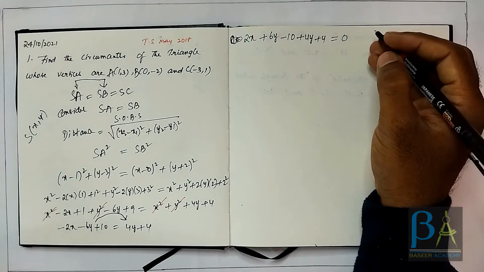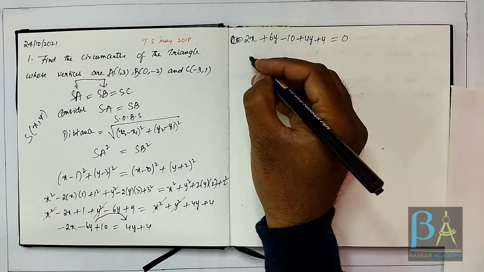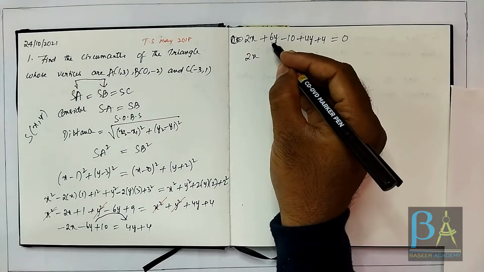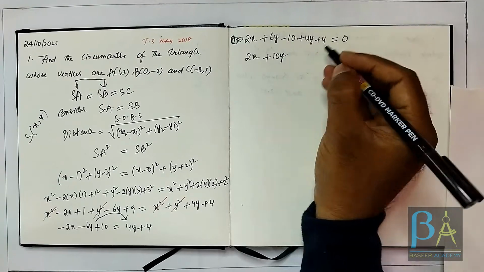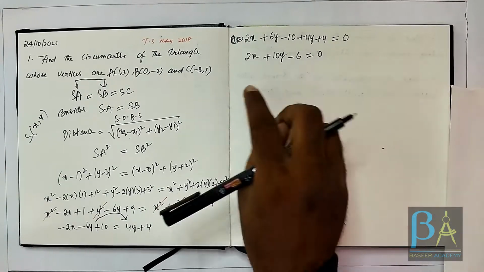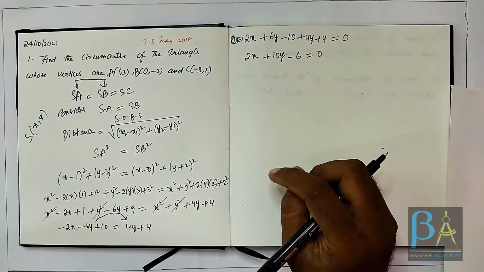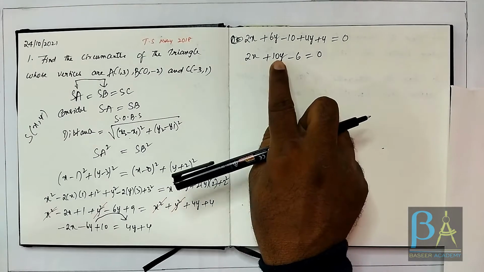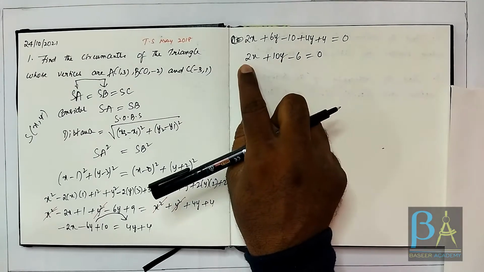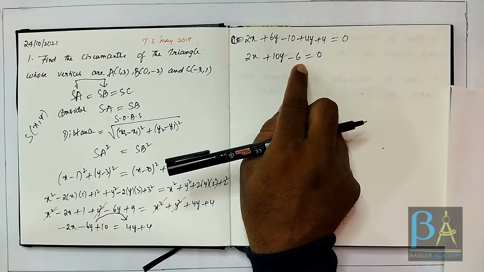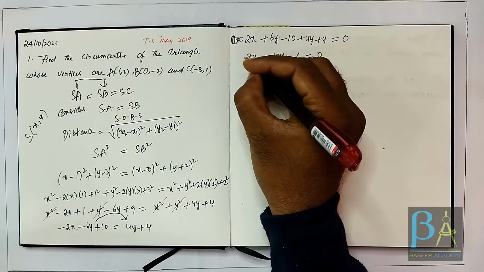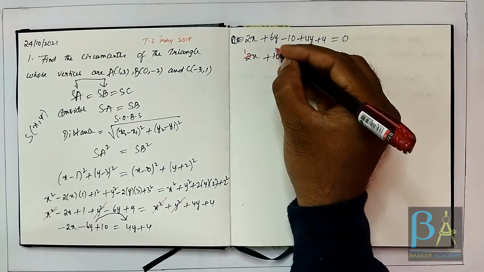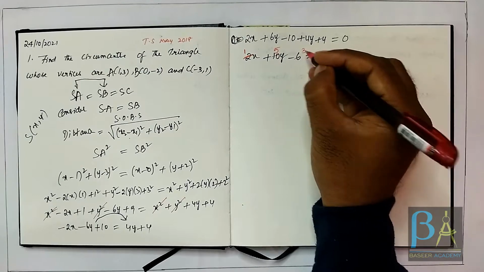Now that's okay. We can simplify it a little further. So this is 2x, 6y plus 4y, that gives us 10y, minus 10 plus 4, that gives us minus 6. You can leave it this way, or else you can take 2 common from all the 3 terms, because 2, 10 and 6 all go by 2 table. 2 into 1 is 2, 2 into 5 is 10, 2 into 3 is 6.